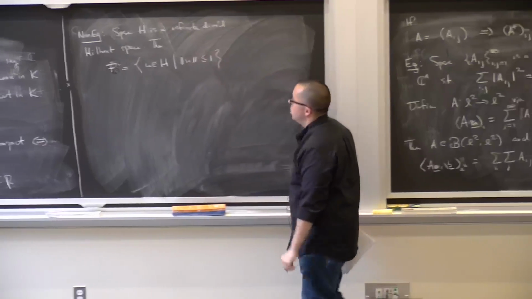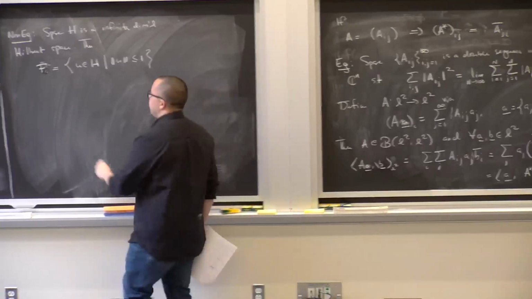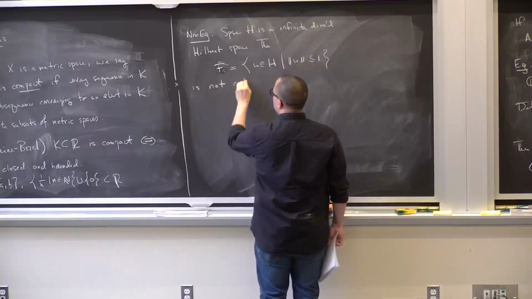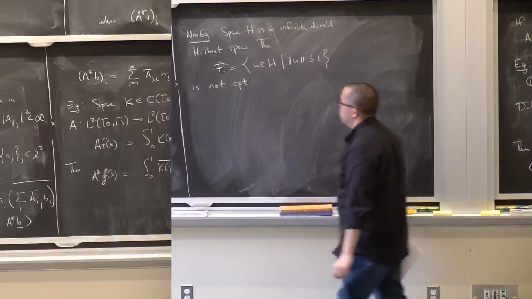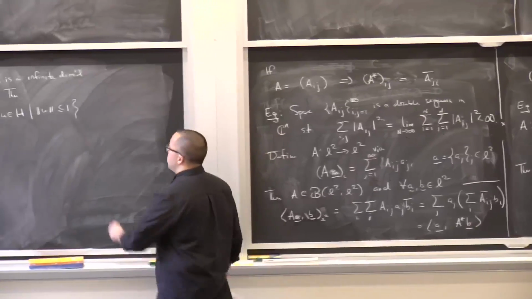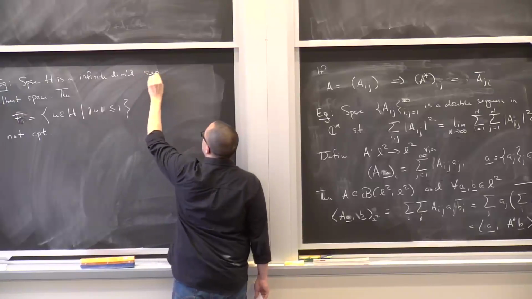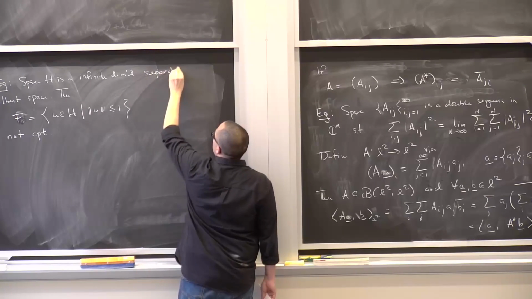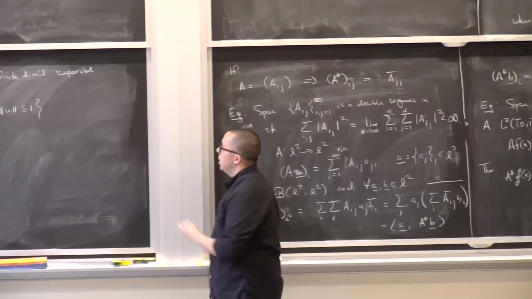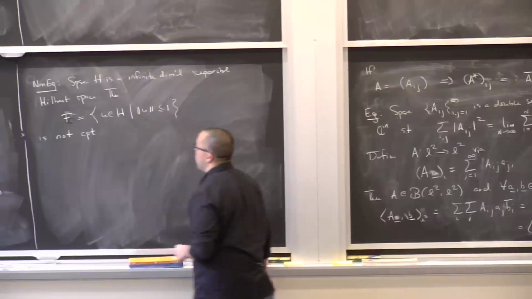This is a closed and bounded set. You can check that. This is not compact. Let's get back to compactness. So let's suppose H is infinite dimensional. Let's even make it separable, as all good Hilbert spaces are. Then the closed unit ball is not compact.